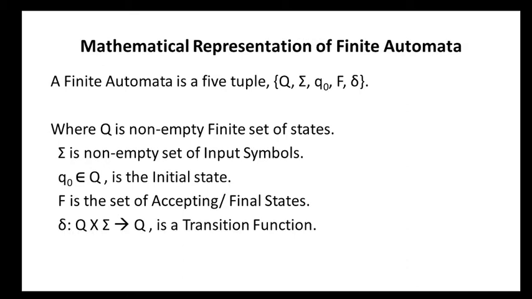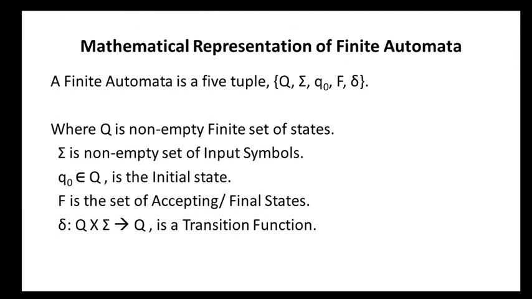The mathematical representation of the finite automata is, a finite automata is a 5 tuple. Those are Q, alphabet, Q0, F and transition, where Q is the non-empty finite set of states, and this alphabet is a non-empty finite set of symbols.